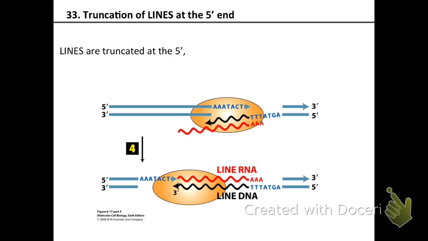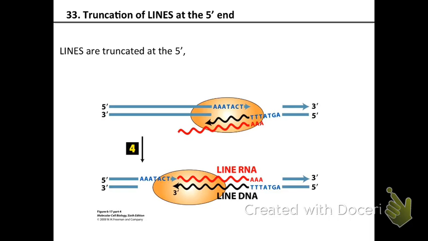And here's the picture again. What you have is the staggered cut, and the ORF2 grabs onto this end, the 3' end of one of the strands, and uses it as a primer to start copying the LINE RNA. And it goes on until it reaches the end, usually.